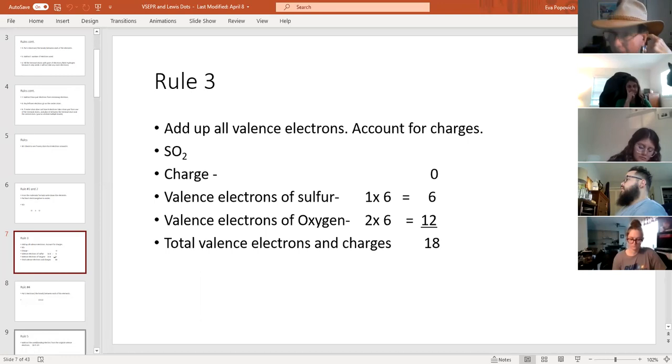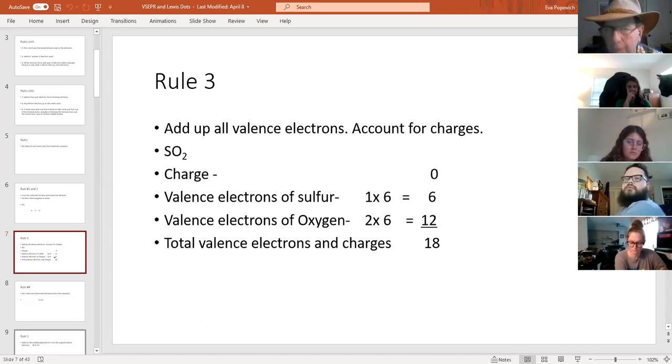Is that making sense to you? So we're only counting the first 2 columns and the last 6 for valence electrons. So if I'm dealing with SO2, the sulfur has 6, 1 atom for 6 valence electrons. The oxygen, there are 2 atoms, each of them has 6 for 12. I have a total of 18 valence electrons.